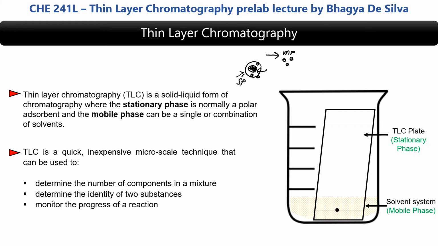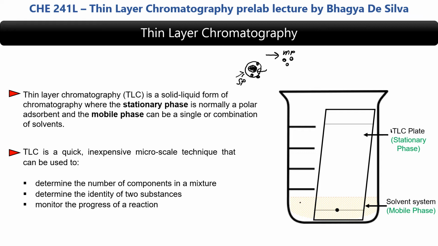In thin layer chromatography, or TLC for short, it's a solid-liquid form of chromatography, whereas gas chromatography was a liquid-gas form. In TLC, the stationary phase is normally a polar adsorbent material, which we call a TLC plate, and the mobile phase can be a single solvent or a combination of solvents.